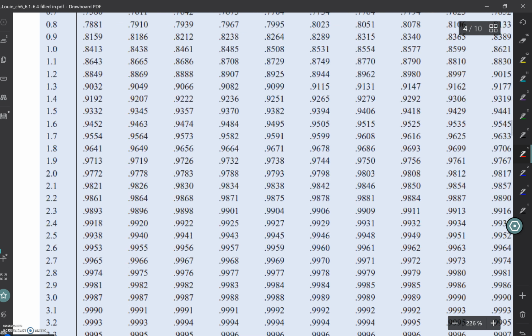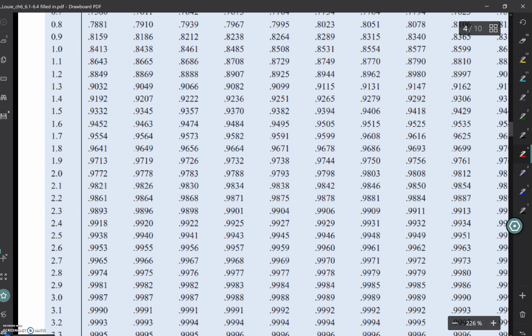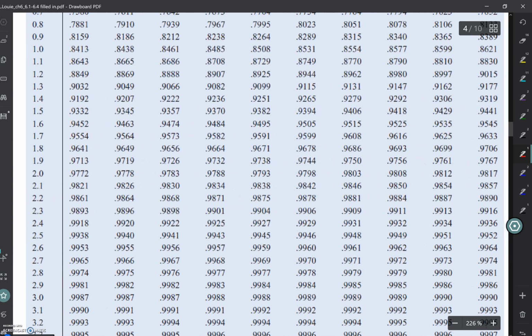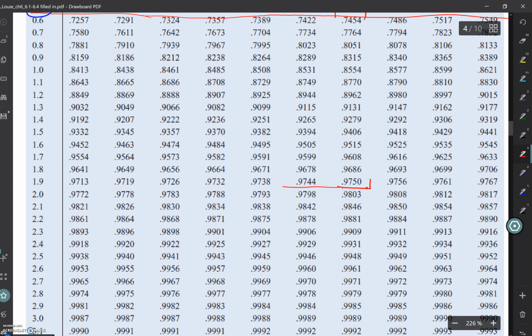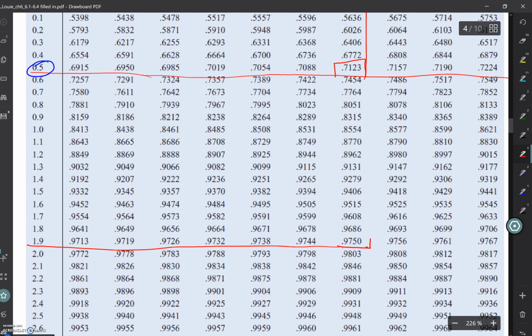So let's look in the nines. 0.97. Is there a 2.5? It's just 0.975. Oh, yes. I don't know why I got the 2. 0.975. All right, so that's in here. So I'm going to go over to the 1.9 row is where it starts.